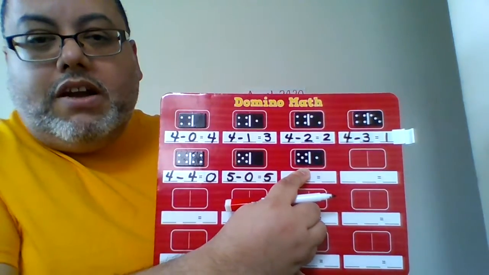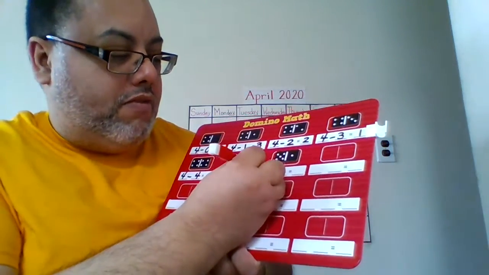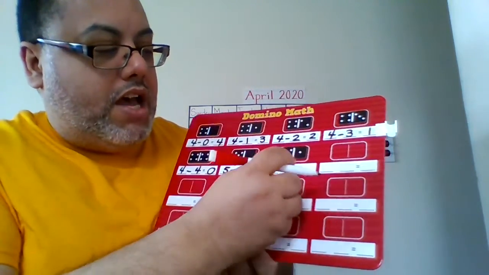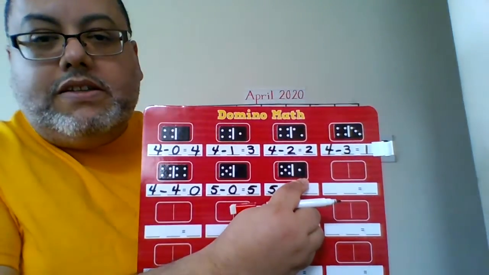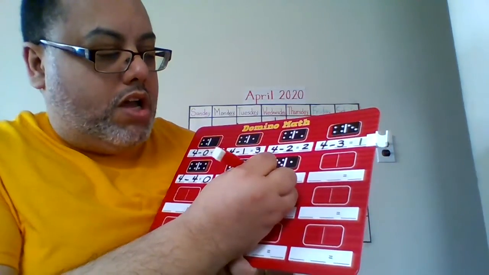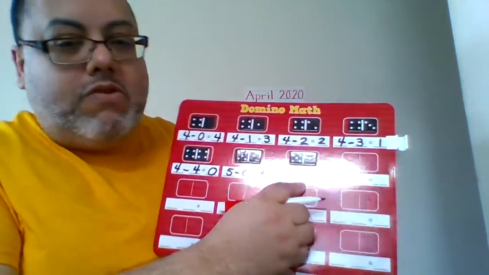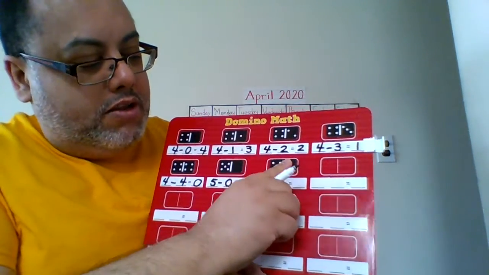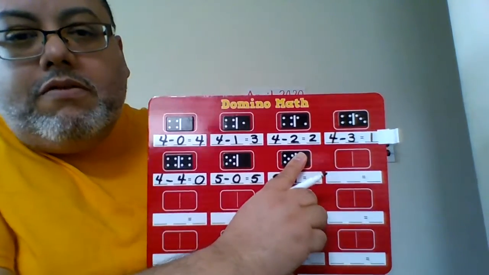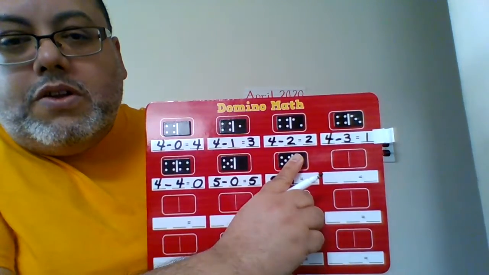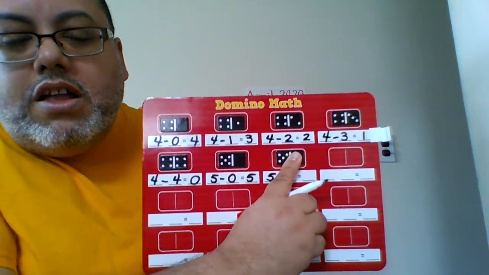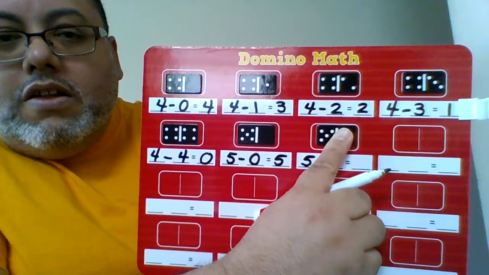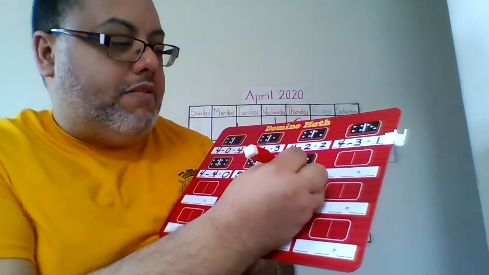How many do you see here? 5. 5 minus 1. 5 minus 1. So I take away 1. How many dots do you see now? 4. Very good.